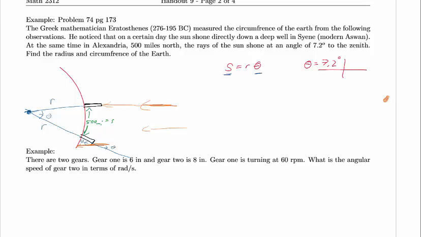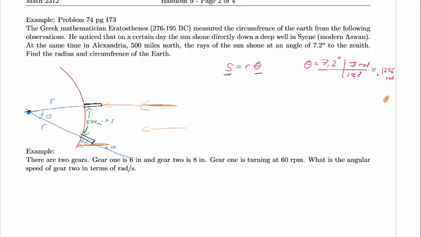So we convert this to radians by multiplying by pi radians over 180 degrees. And this gets us 0.1256, and that is again in radians.